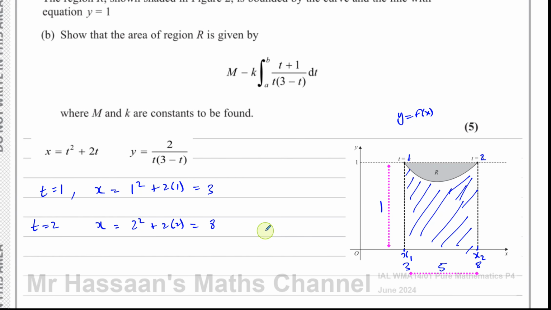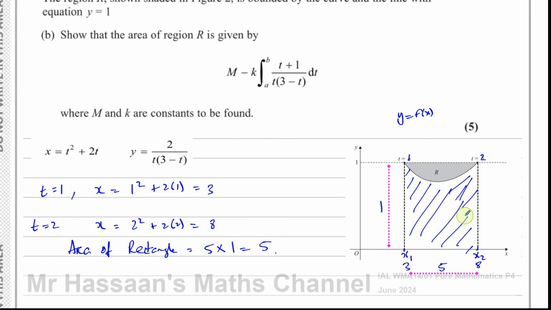So we can say the area of the rectangle is equal to 5 times 1, which is 5. So that's the area of the whole rectangle.